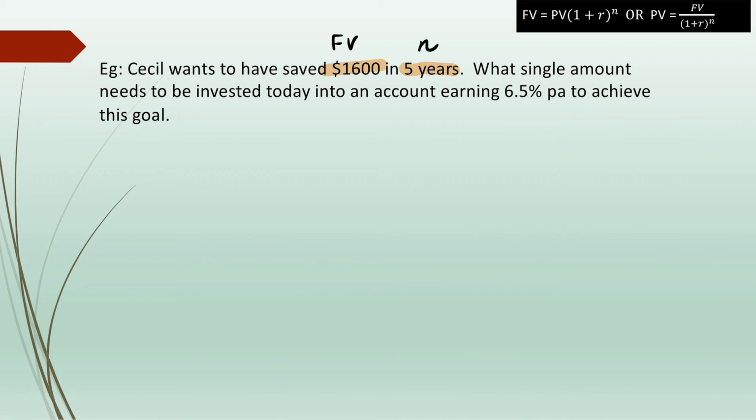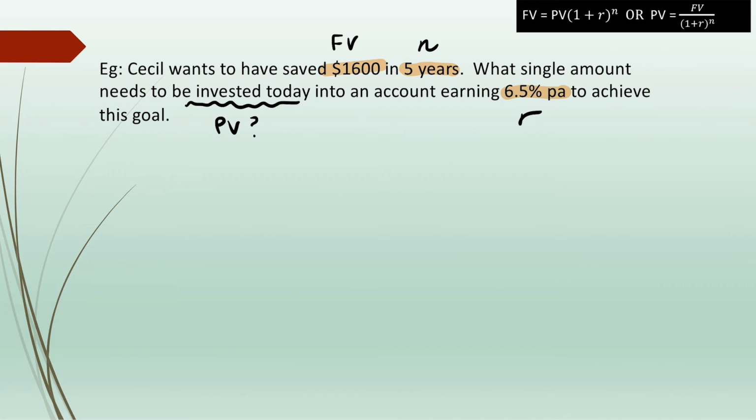What single amount needs to be invested today? So, what is the present value that we need if we're going to be earning 6.5% per annum in compound interest?